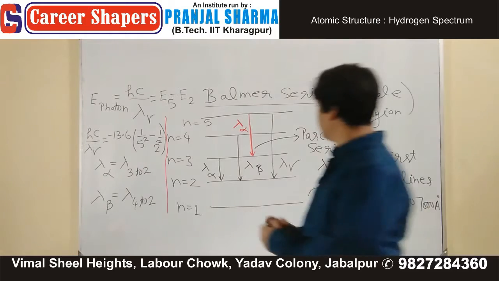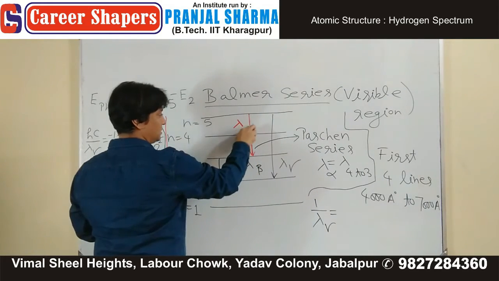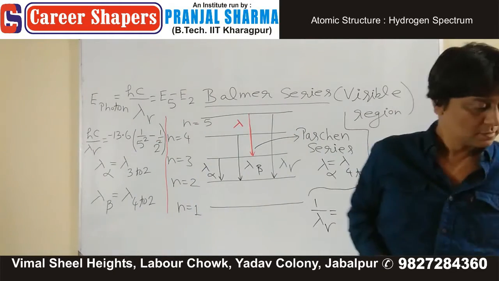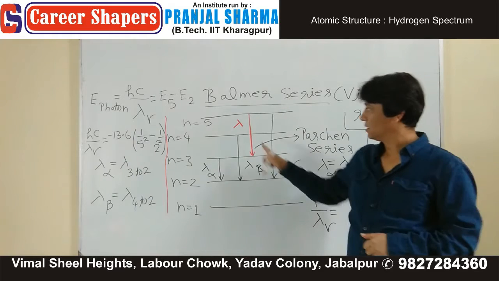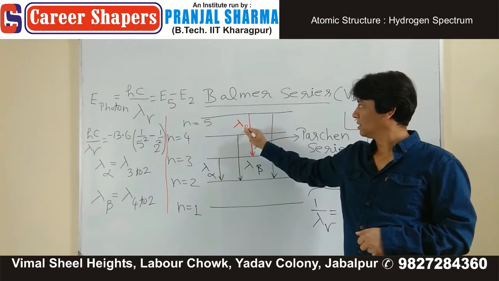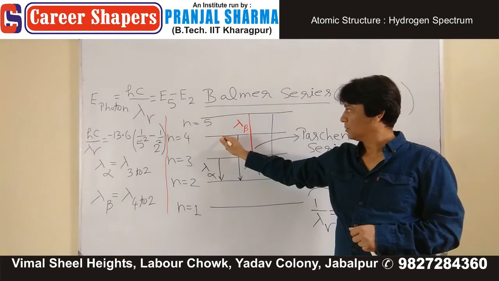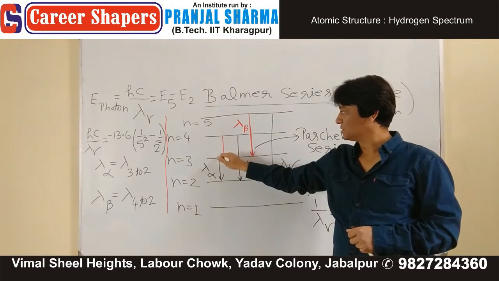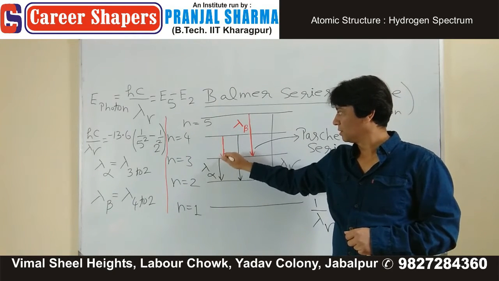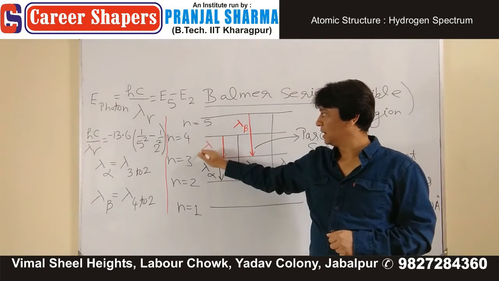The jump is into, this is your lambda beta, which I have shown you. Lambda beta. When the jump is from 4 to 3, this will be your lambda alpha.